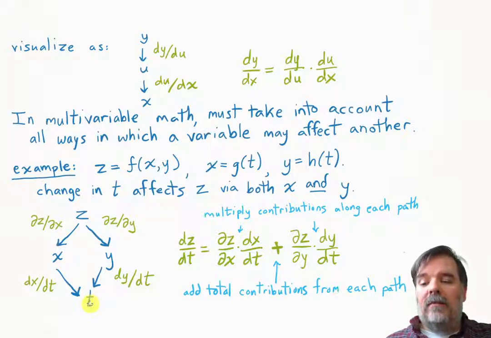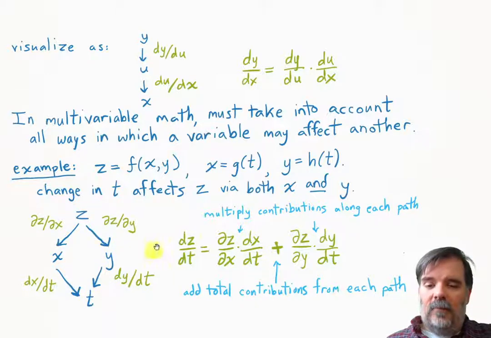We can also arrive at t through this right-hand set of variables, and so this contribution would be dz dy times dy dt. So we multiply contributions along each path, and then we add the total contributions from each path. So the chain rule to calculate dz dt would be written in this way. It almost looks like you're adding up two chain rules.